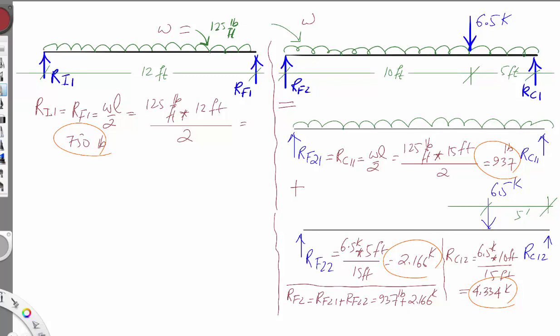So with that, I will write that RF2 is equal to 3,103 pounds.